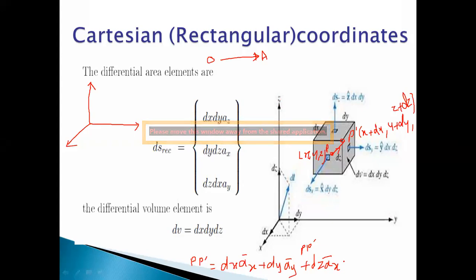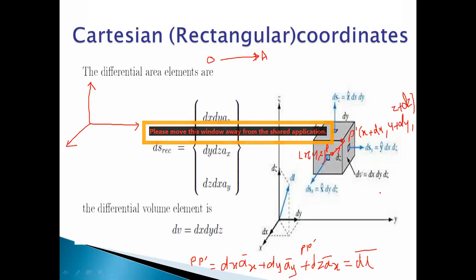So this is nothing but the dl bar, that is the differential length in vector form. It is nothing but the differential length in vector form, that is small dl bar.